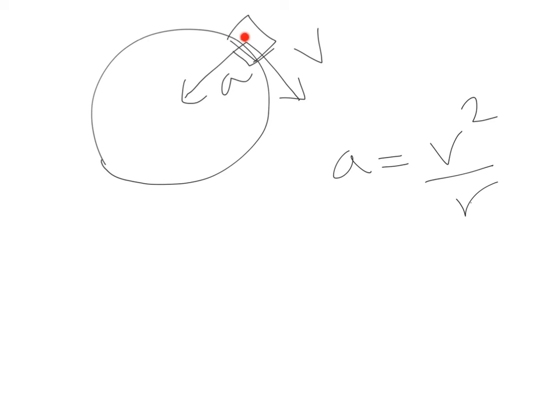If the car is moving around at constant speed around the circle, it will have acceleration towards the center, and that acceleration is equal to v squared, that's the speed squared, divided by the radius of that circle.